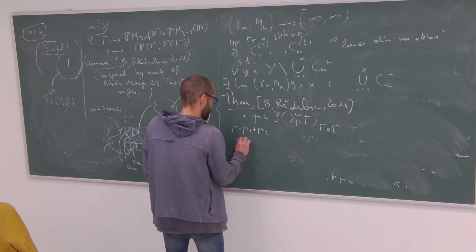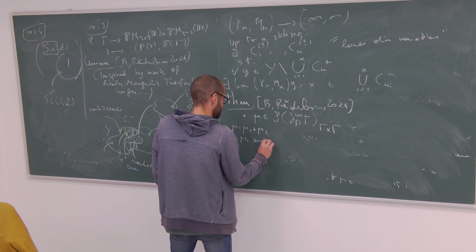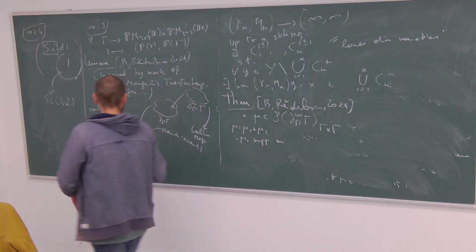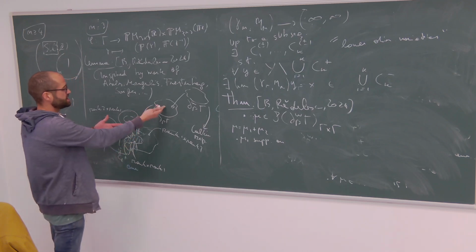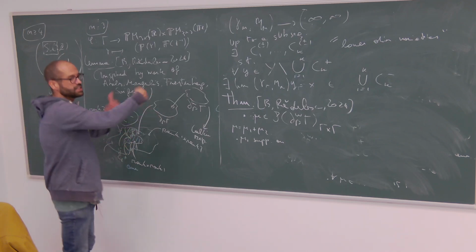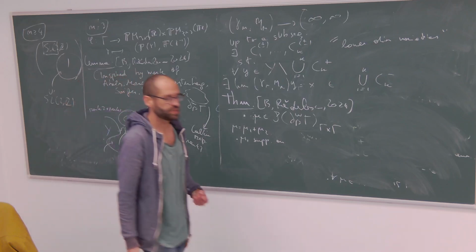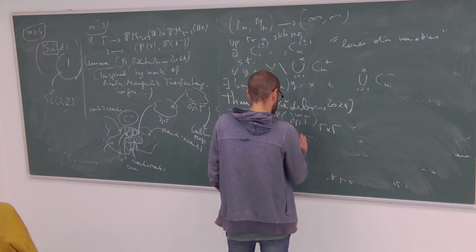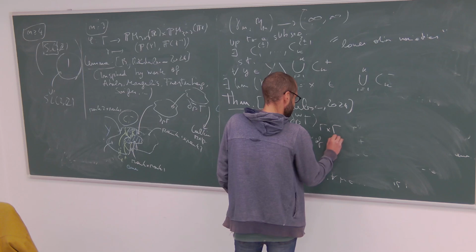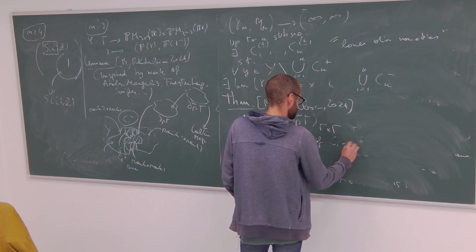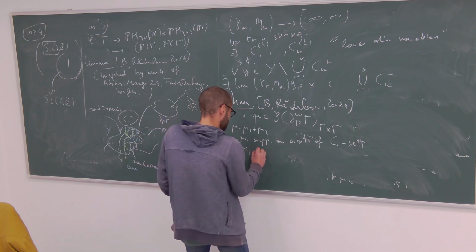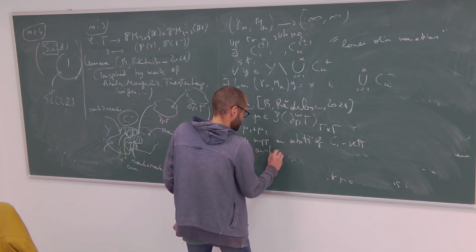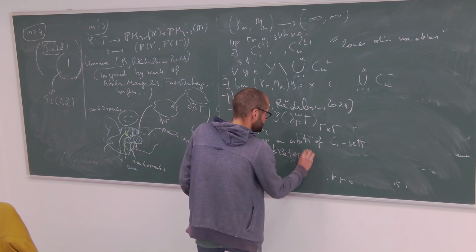One, mu1, is a measure supported on orbits of this set Ck. And the other one, mu2, annihilates this particular set.